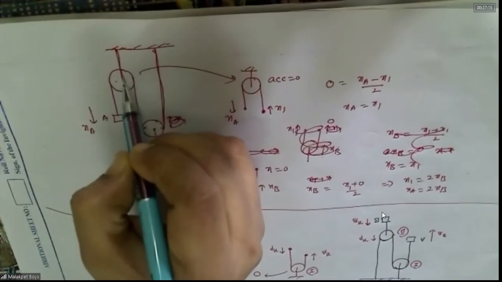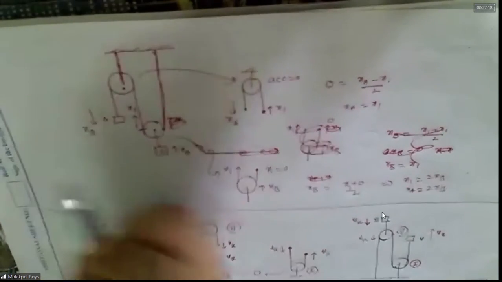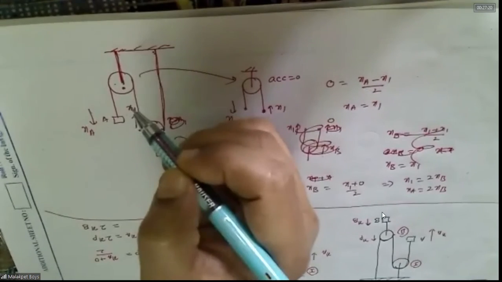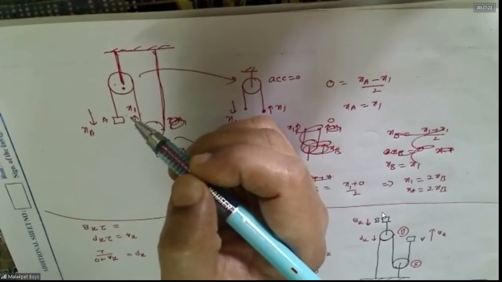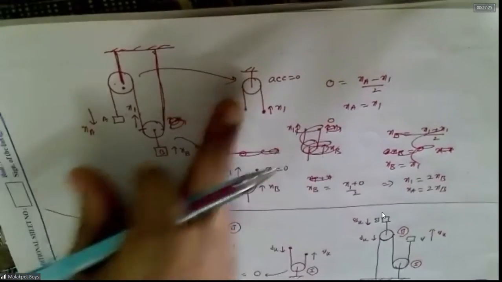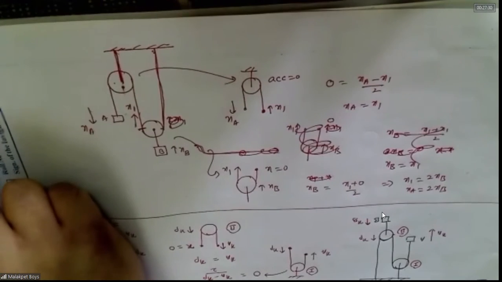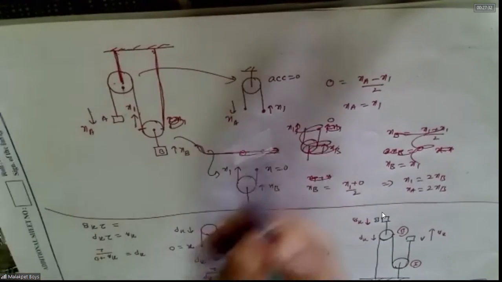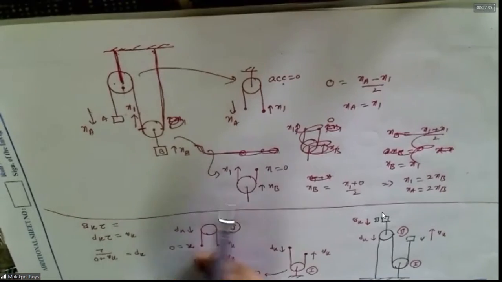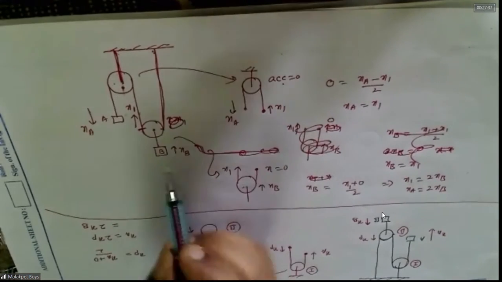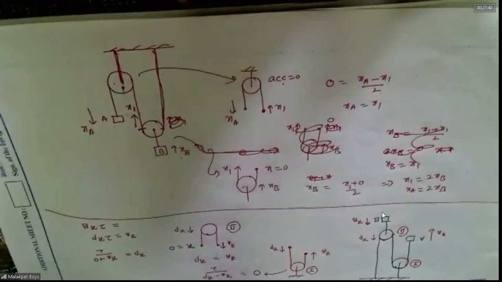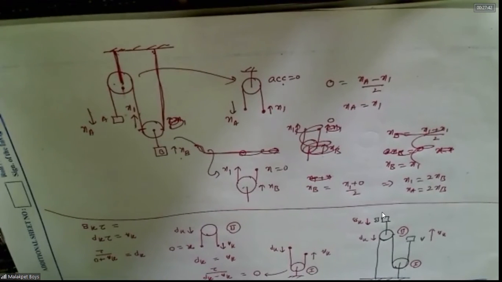Now it is not moving, sir. It's not moving, I took that only. This pulley is fixed to the ceiling, no? That's why I've taken acceleration as 0. So this is movable. Whatever this pulley moves, the same distance also moves, no? Yes, sir. Understood there? Understood, sir.